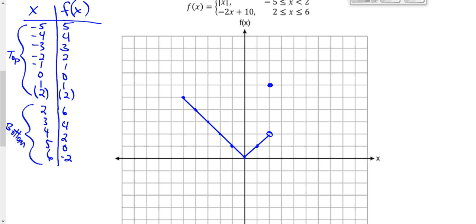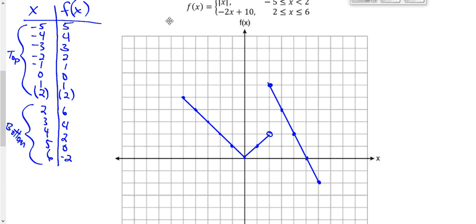Closed circle, right? And then 3, 4. Keep going like that, right? 1, 2, 3, 4, 5, and then 6. Negative 2. So it should be like that.